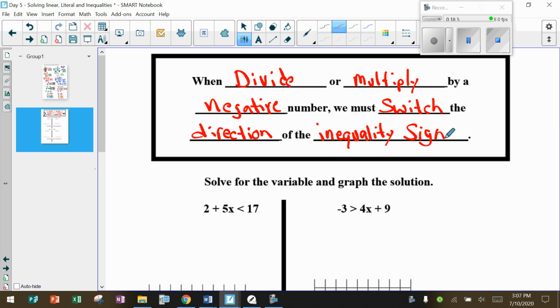So what I mean by that is your less than symbol would turn into a greater than symbol. Or if it's pointing to the left and you have to divide by a negative number to get x alone, when you rewrite it, you point it to the right.